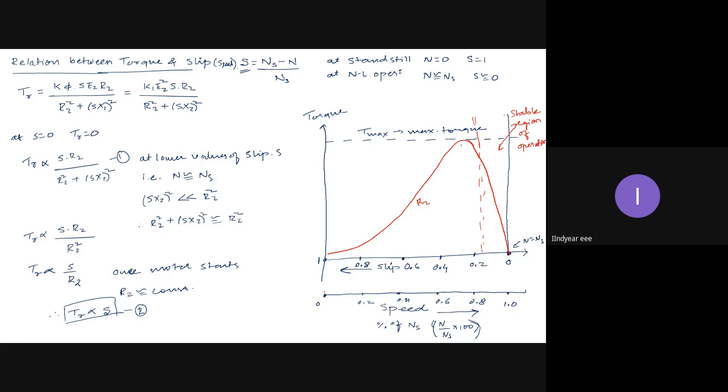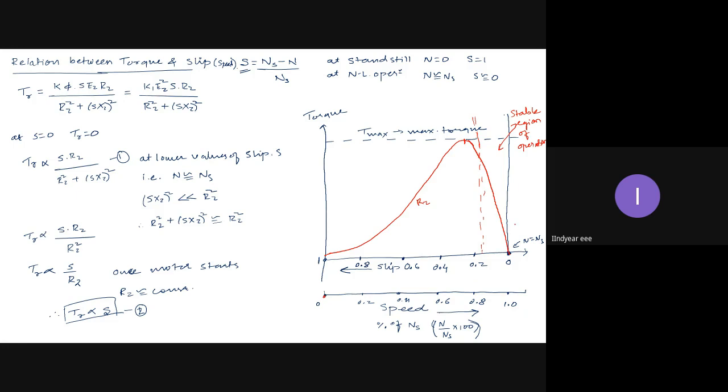What happens beyond this maximum torque point is, if the slip is varied beyond the maximum torque, then the motor speed will decrease. Slip is increasing means speed is decreasing. See, the speed here is almost zero. So beyond a certain point, after the speed decreases, the motor will stop.